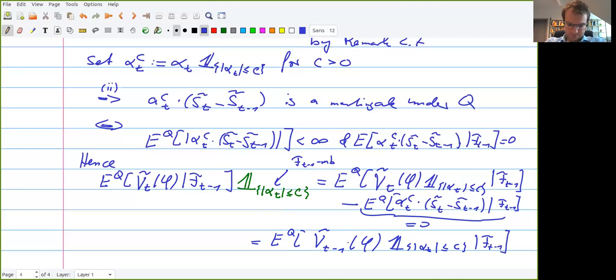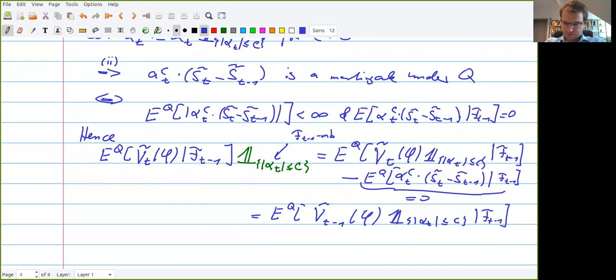And now, this is again F t measurable, and for this step, these both are F t minus 1 measurable, so I can pull out the discounted value process at time t minus 1 of phi, and I can pull out the indicator of the event that alpha t is less or equal than c. So this is F t minus 1 measurable.